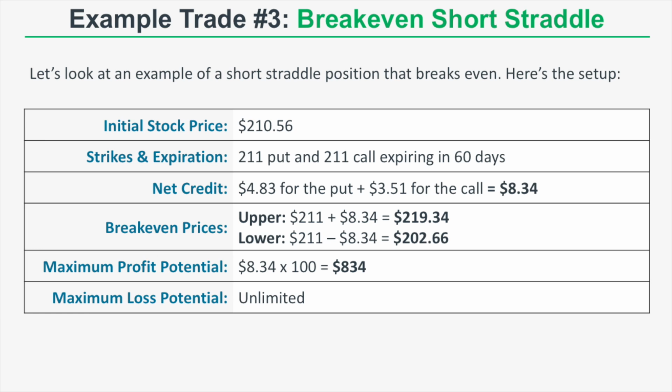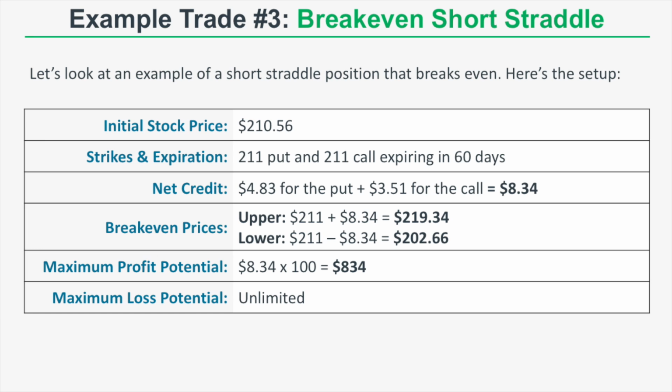Alright, in this final example, we're going to look at a break-even short straddle, and that occurs when the stock price expires right around the short straddle's break-even price at expiration. So here's the setup. The initial stock price is 210.56, and we're going to sell the 211 put and 211 call expiring in 60 days.